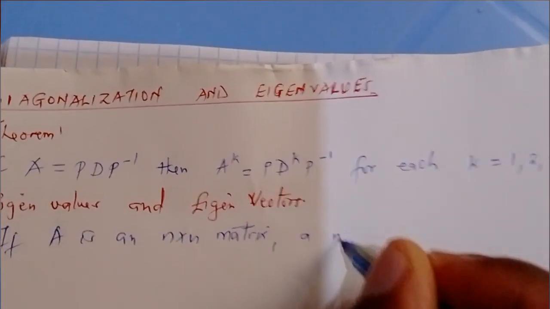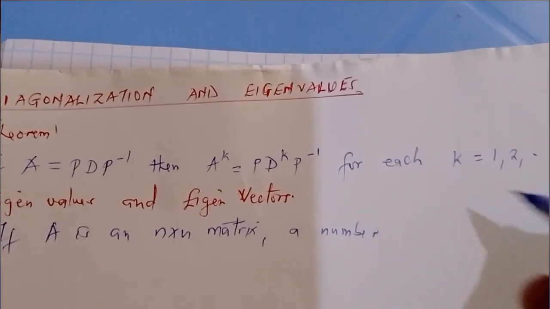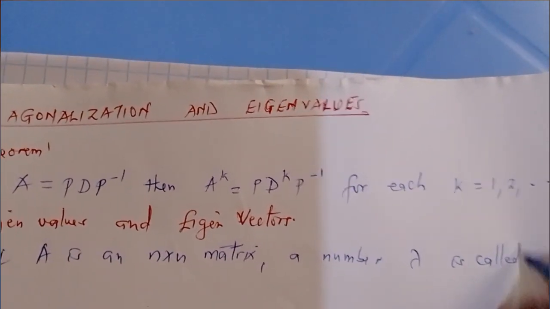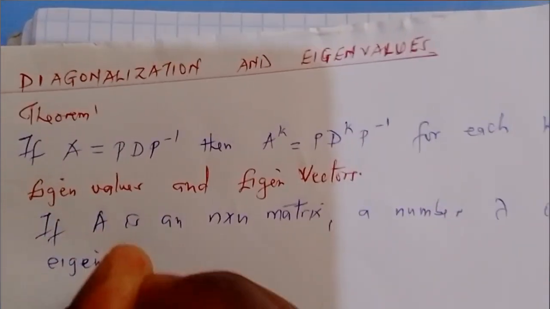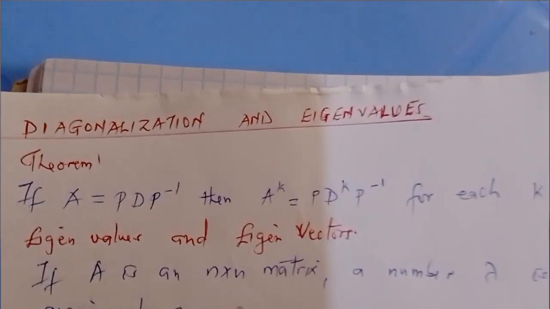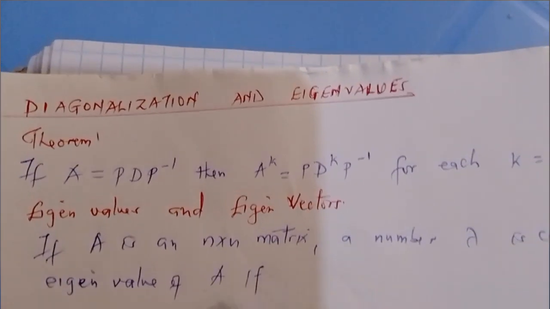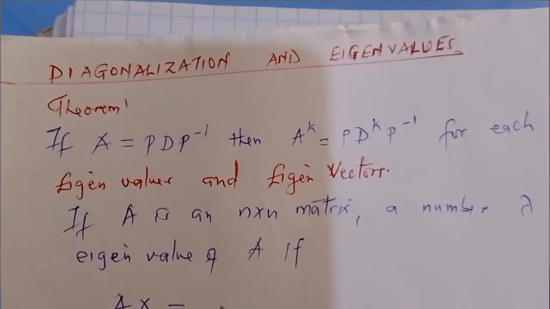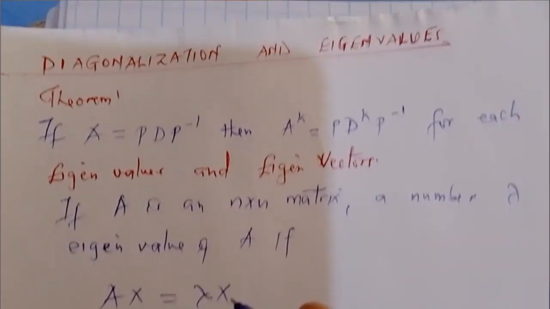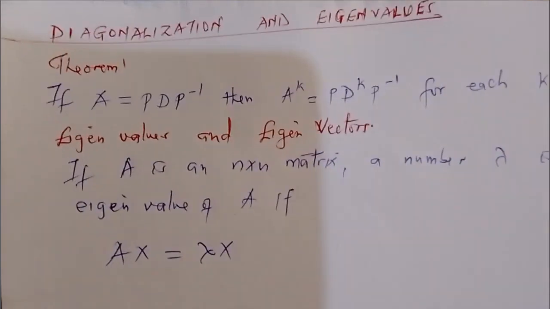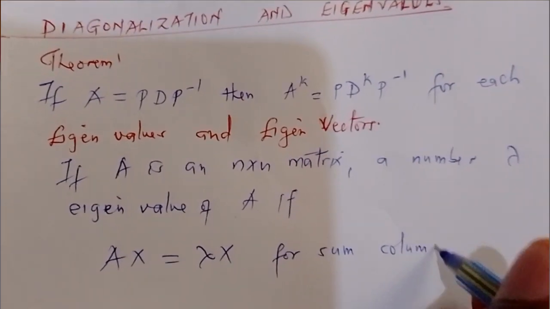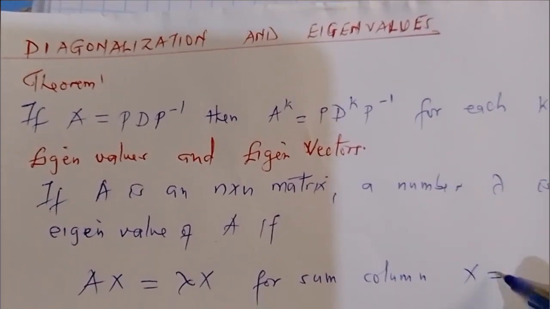A number lambda is called an eigenvalue of A if Ax is equal to lambda x for some column x not equal to 0.